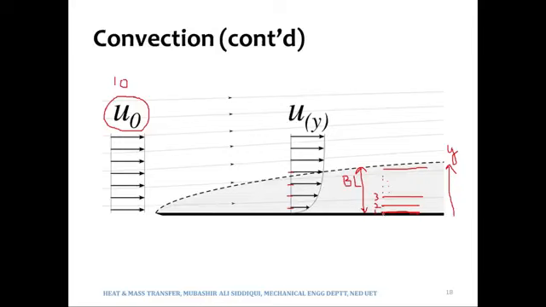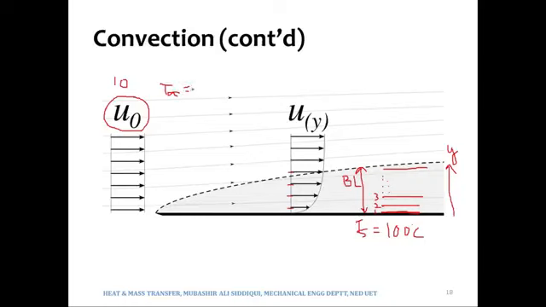Now suppose we consider Ts, the temperature of the surface, to be 100 degrees Celsius, and the fluid is at 10 meters per second, and T infinity means the temperature of the free stream fluid.